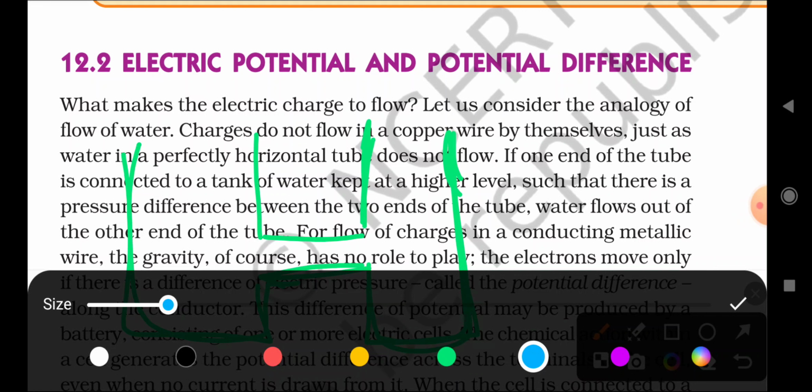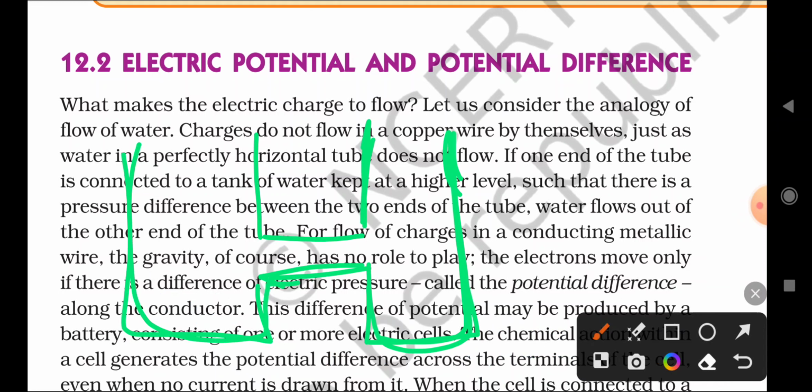They are placed horizontally like this, as shown in this figure, and we pour water here. When we are adding water to these sections, the water will pass through to this side.